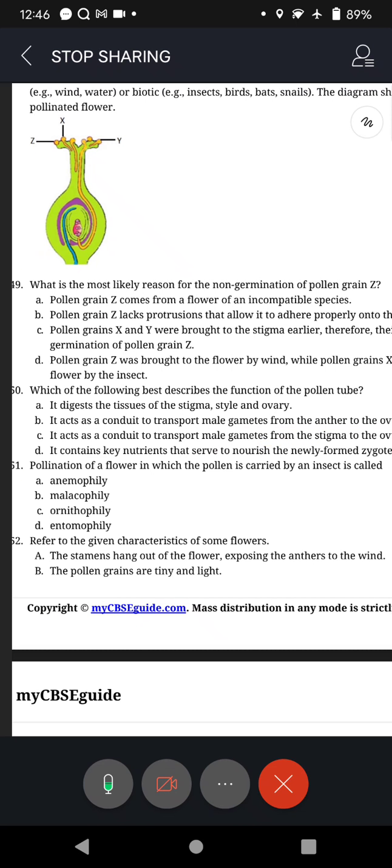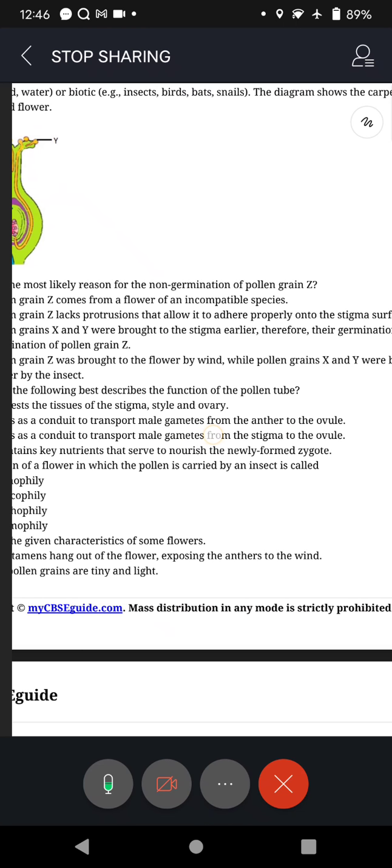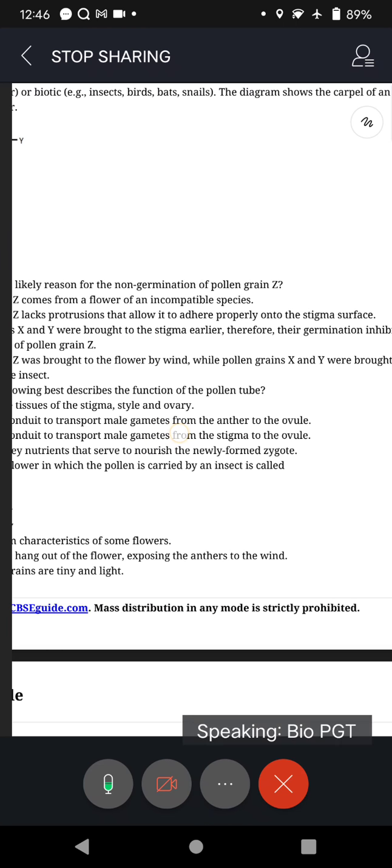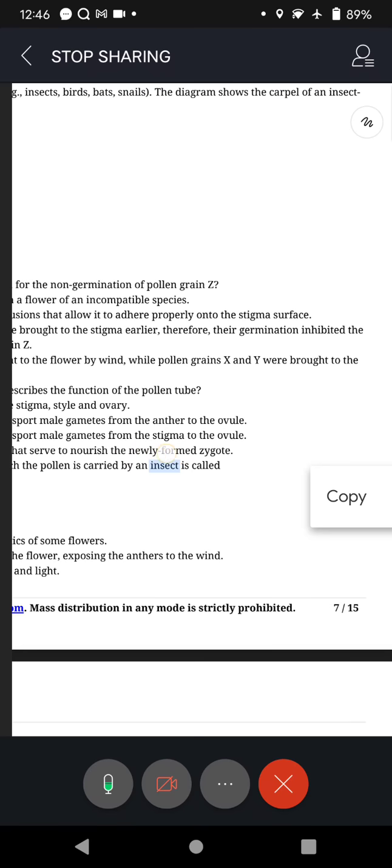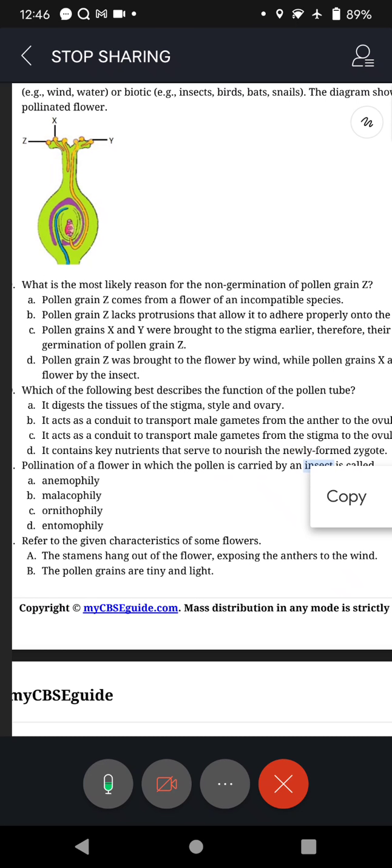C. Pollen grains X and Y were brought to the stigma earlier, therefore their germination inhibited the germination of pollen grain Z. And D. Pollen grain Z was brought to the flower by the wind, while pollen grains X and Y were brought to the flower by an insect. So what should be that answer?